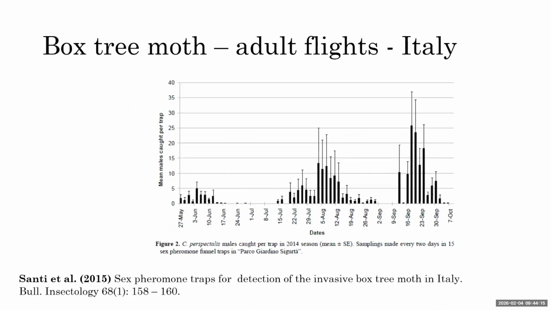In Italy, this is from one of the papers where one of the locations in Italy pretty much corresponded with this, where they were seeing 2 generations starting in July and again in September. And this other paper had it starting as early as May 27th. And from talking to Steve, he had caught, and correct me if I'm wrong, adults in the middle of May last year.